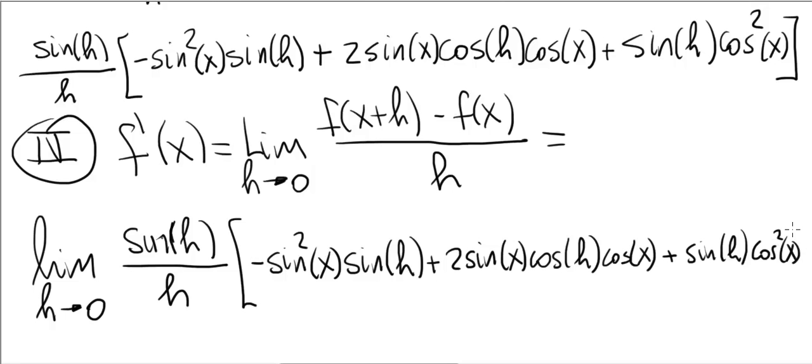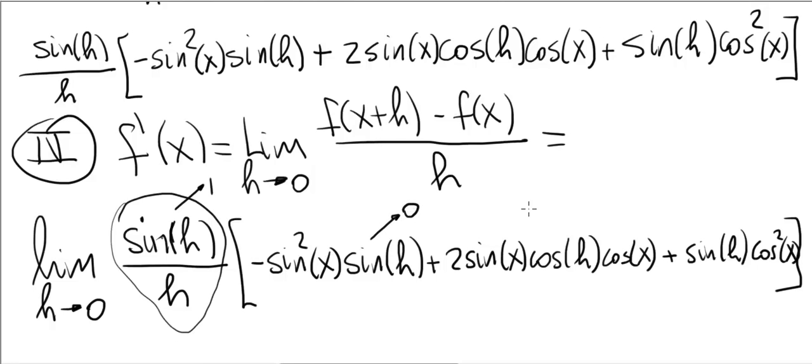And now let's go ahead and compute this limit. First, by the second result, the limit as h approaches 0 of sine h over h goes to 1. Over here we have sine h, which goes to 0 as h goes to 0. Sine squared of x is not affected because it doesn't have an h.